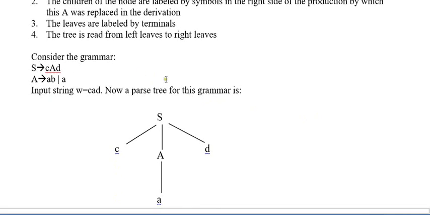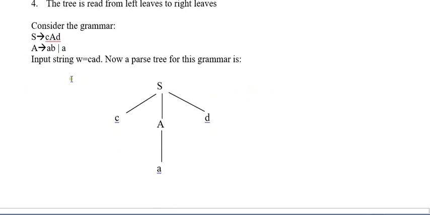Here we have a considerable grammar, which is S denotes terminal C with non-terminals A and D. Then A denotes AB or A. Then we need to generate a string W equals CAD. First of all, we start from S and generate S tends to CAD.